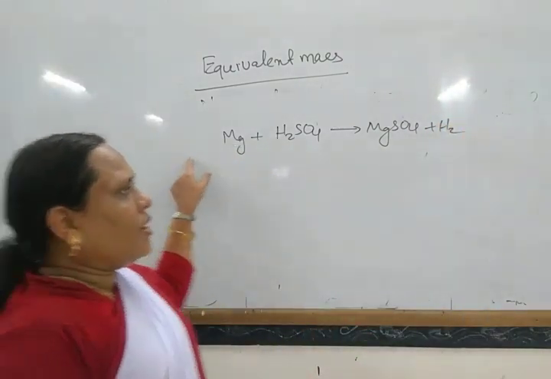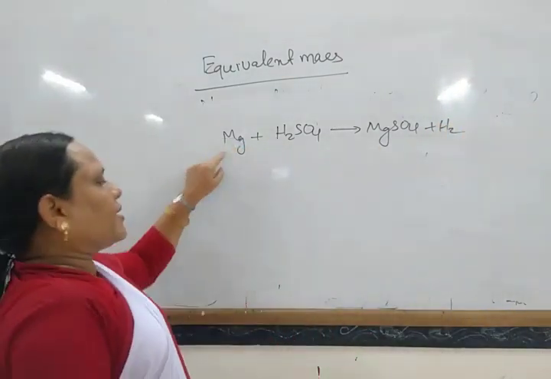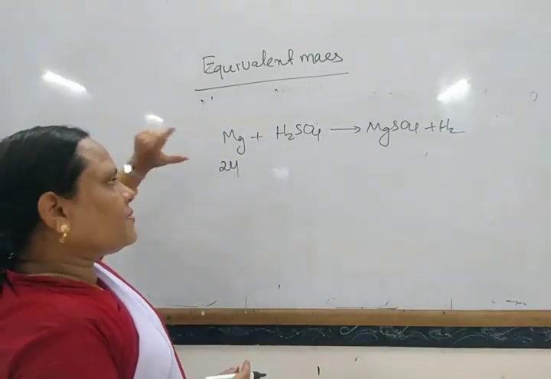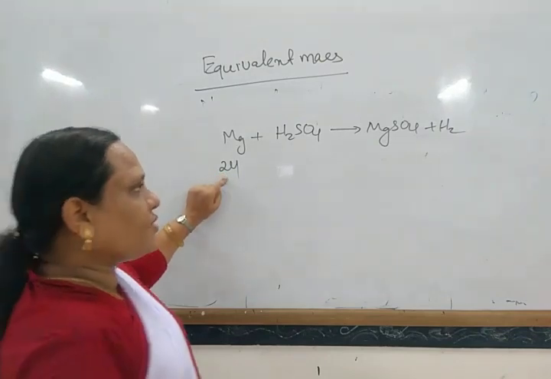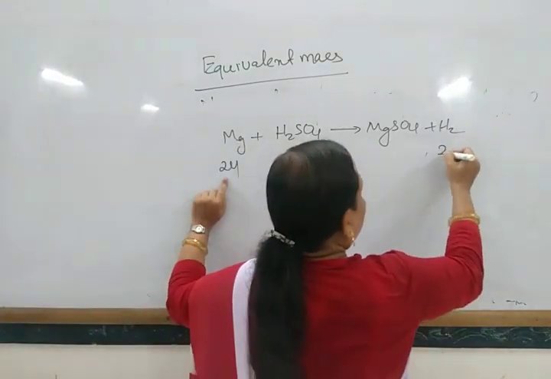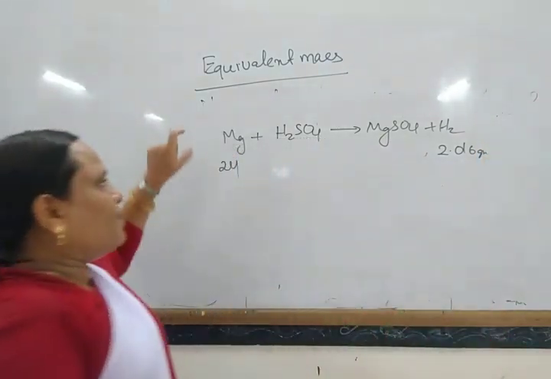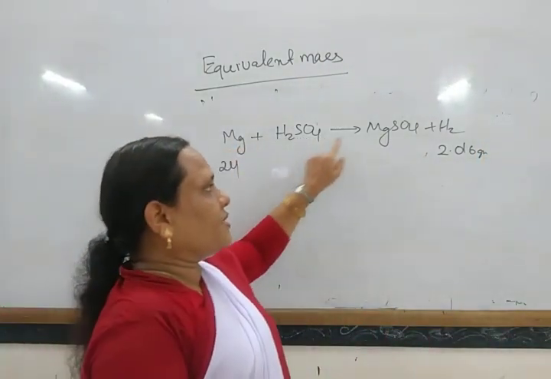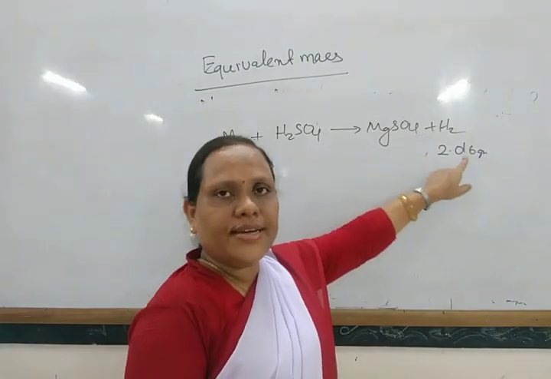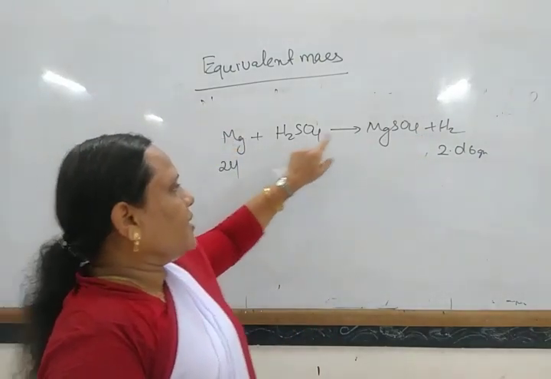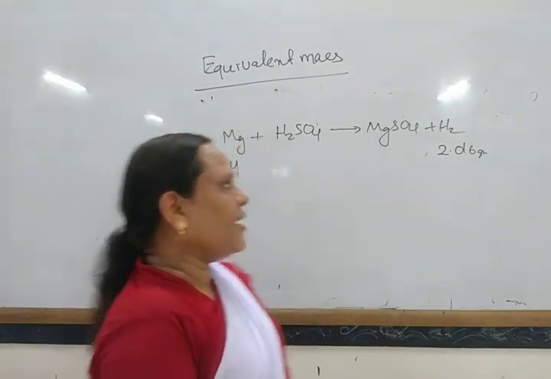Here magnesium has a weight of 24, expressed in grams, 24 grams, and hydrogen has a weight of 2.016 grams. So when magnesium reacts with sulfuric acid, it gives magnesium sulfate and hydrogen.